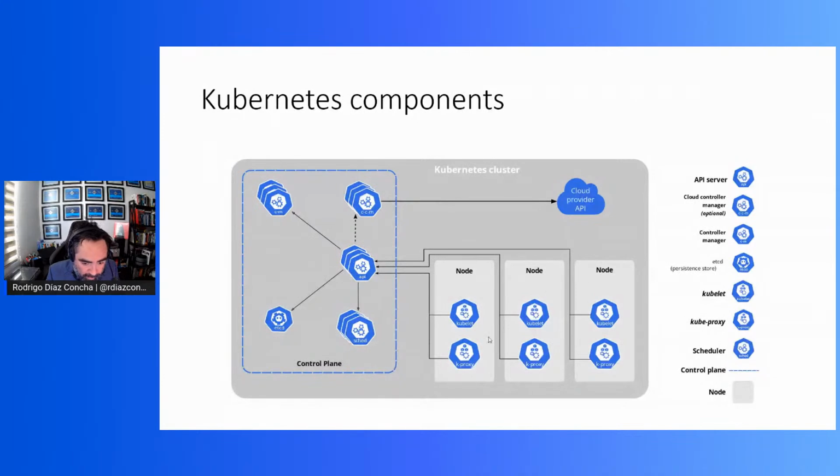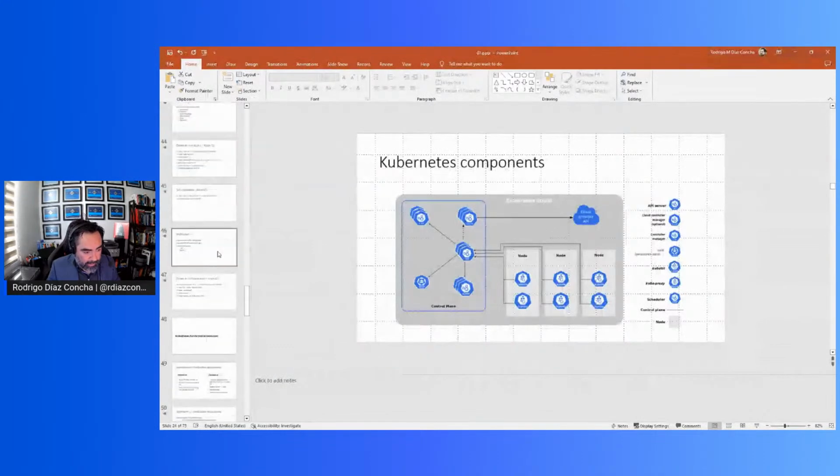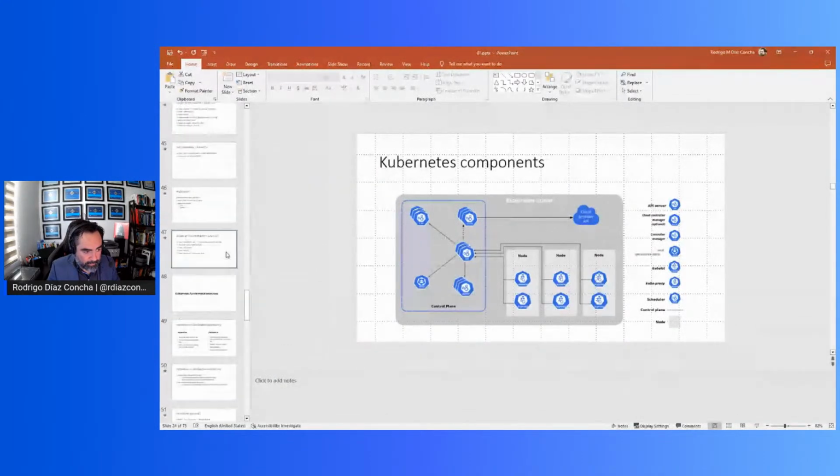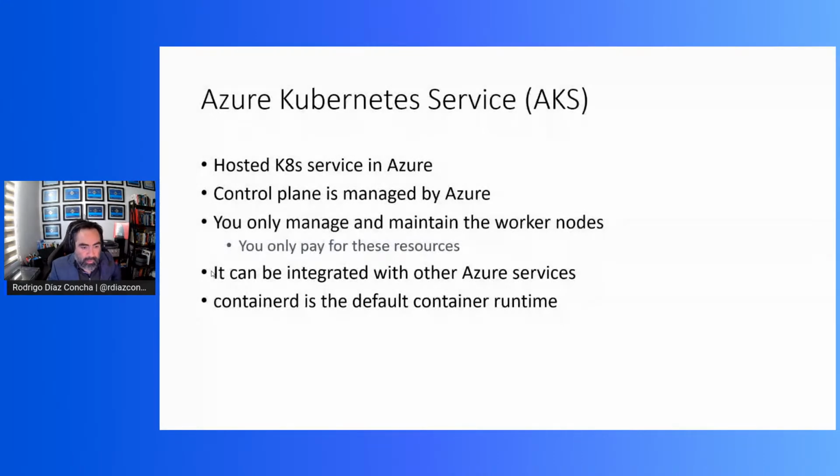Okay, only these nodes. So let me go back here. Where was I? Yes, here. The control plane is going to be managed by Azure, AWS, Google Cloud, and so on. You only manage and maintain the worker nodes, and you only pay for those.